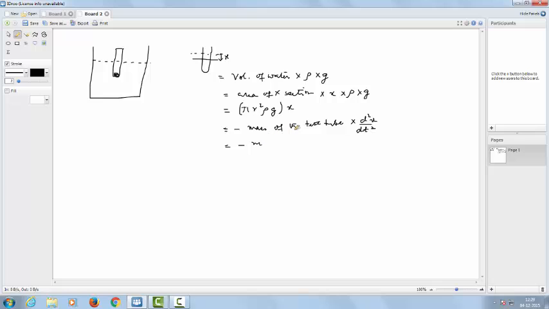So if I write mass of the test tube with its content equal to m, then m into d2x over dt squared is equal to minus pi r square rho g times x. So we obtain acceleration equal to minus pi r square rho g divided by m times x.